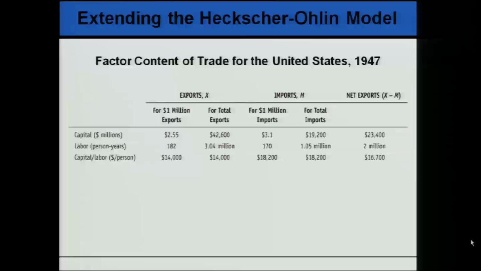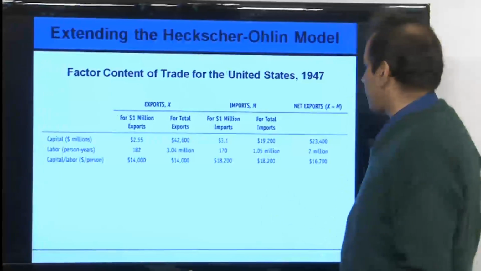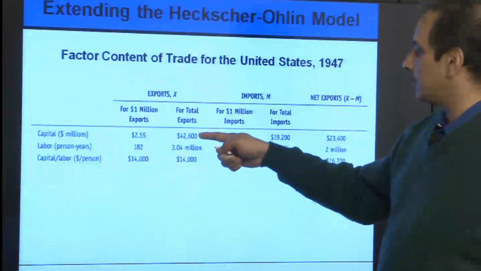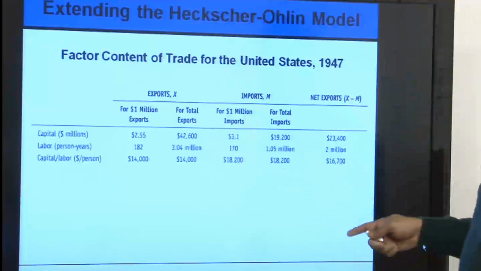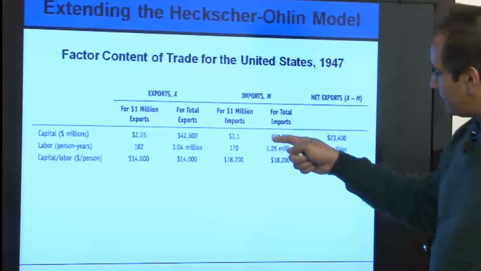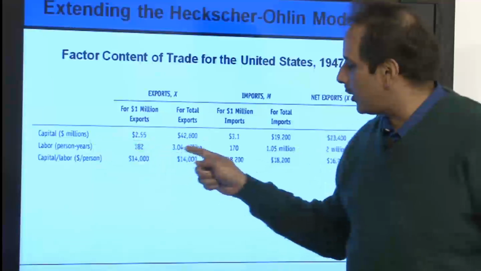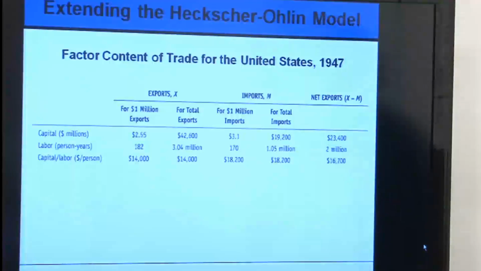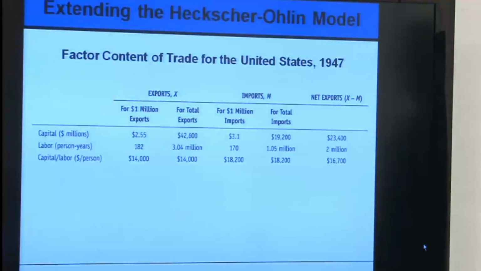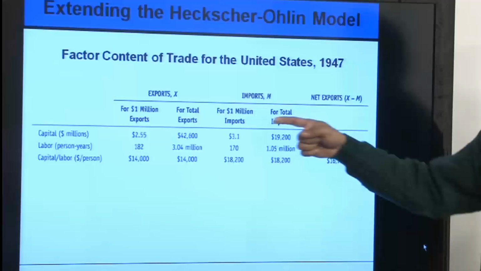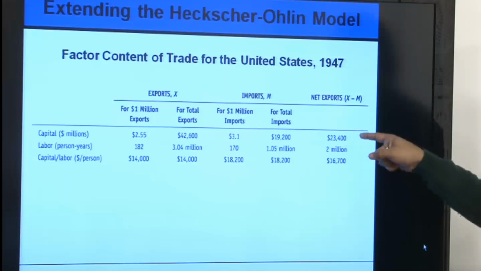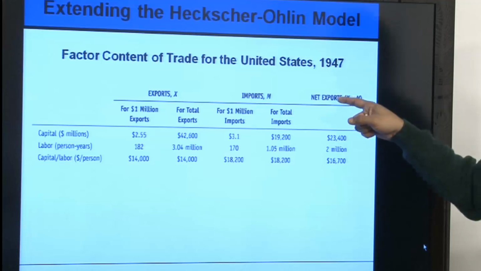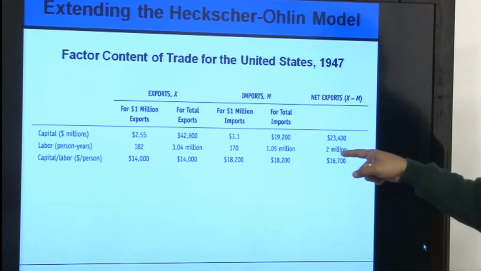If you work that out, you will get the total export figure, the total imports figure, the total capital required to produce the entire exports and imports, and the total labor required to produce the entire exports and imports. So, then the capital required to produce net exports is $23,400. The labor required to produce the entire net exports is 2 million.